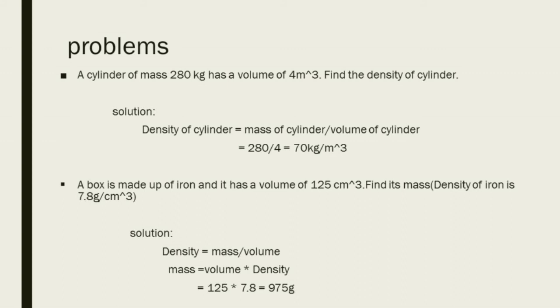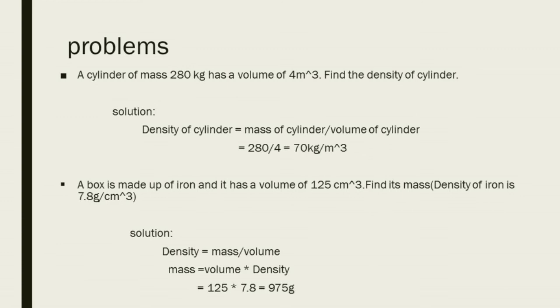Next, a box is made up of iron and it has a volume of 125 centimeters cube. Find its mass. Here, the density of iron is 7.8 gram per centimeters cube. What's the solution? The same. What's the formula for the density? It is mass per volume.